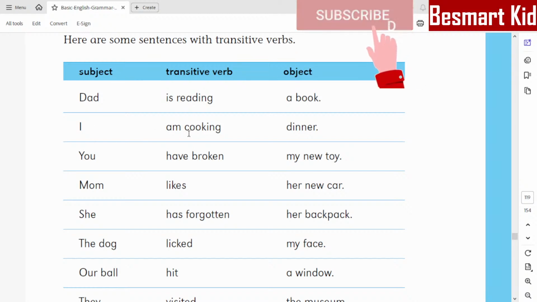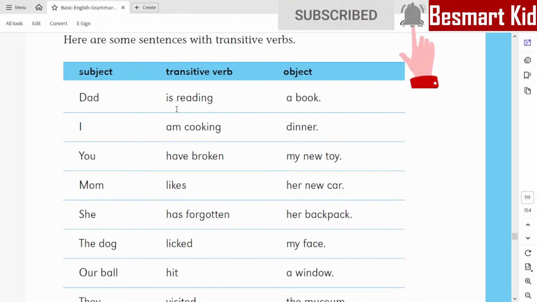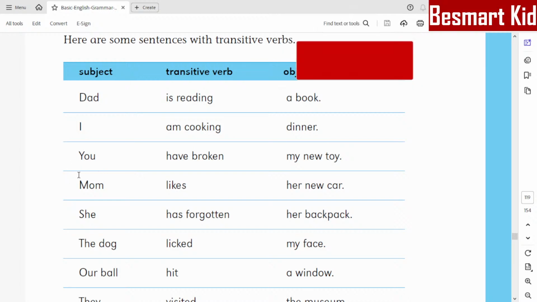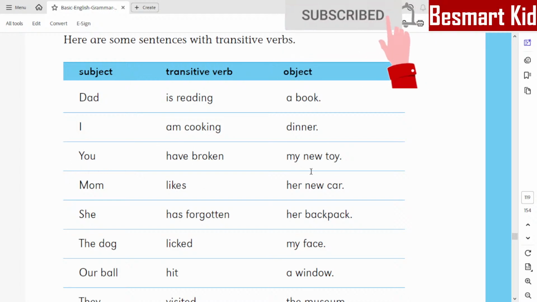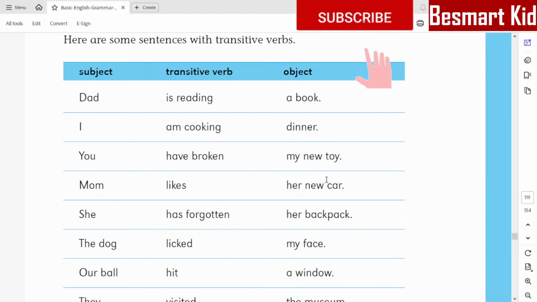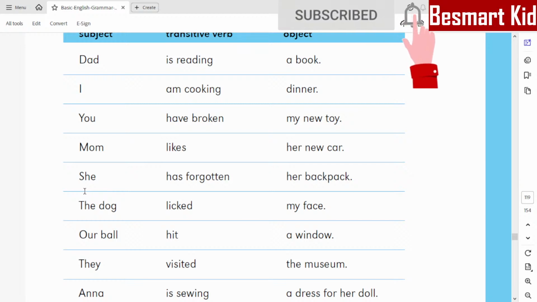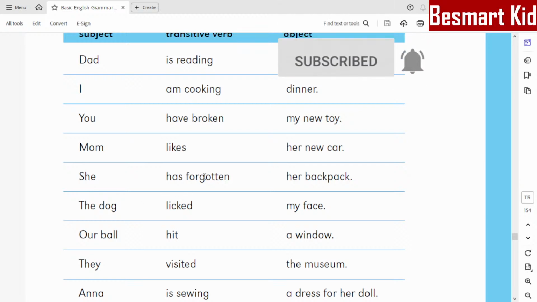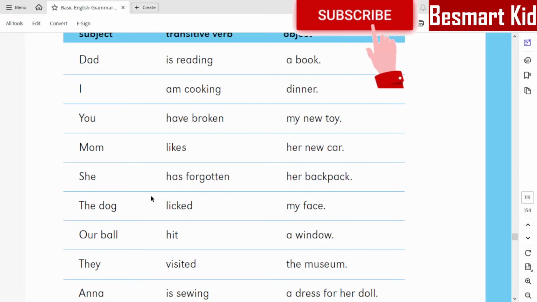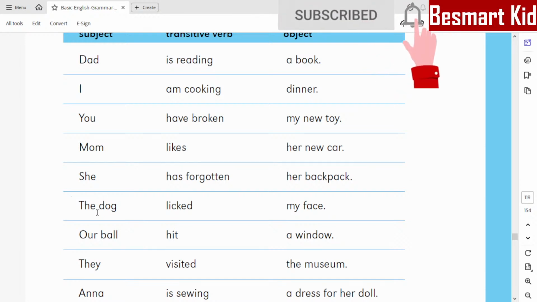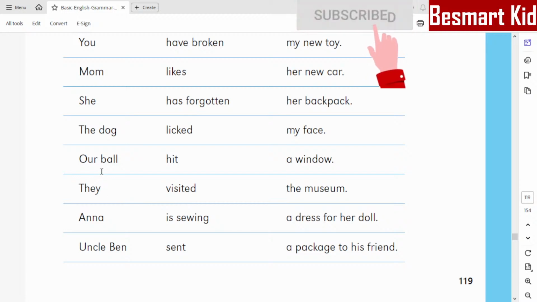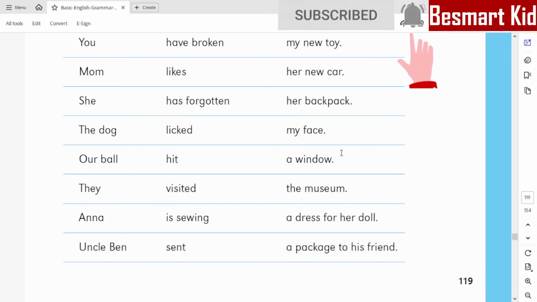I am cooking dinner. You have broken my new toy. Mom likes her new car. She has forgotten her backpack. The dog licked my face. Our ball hit a window.